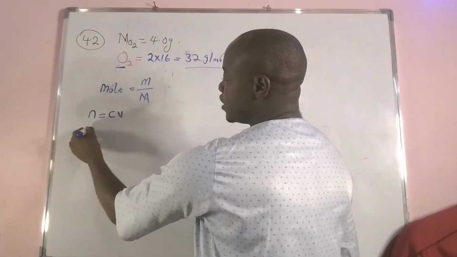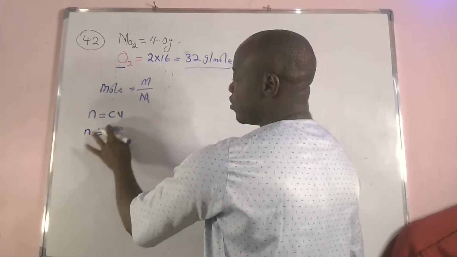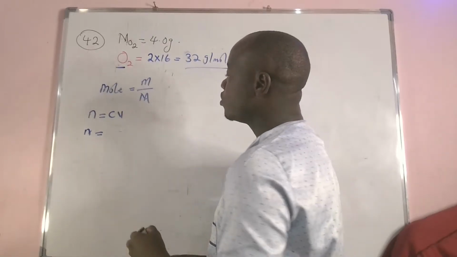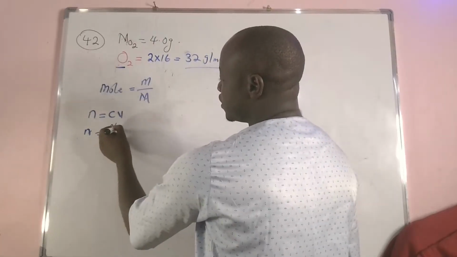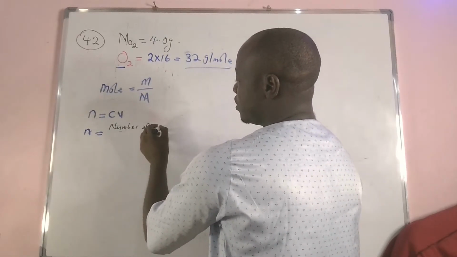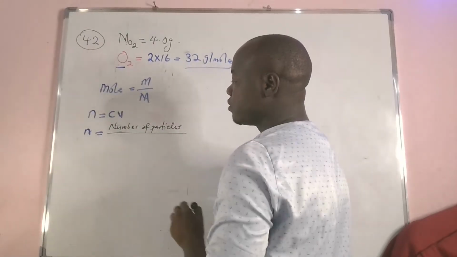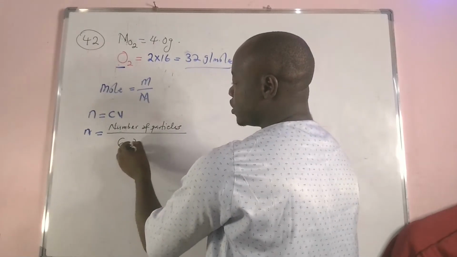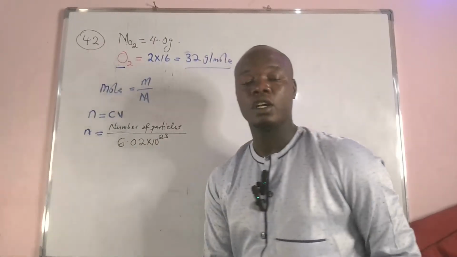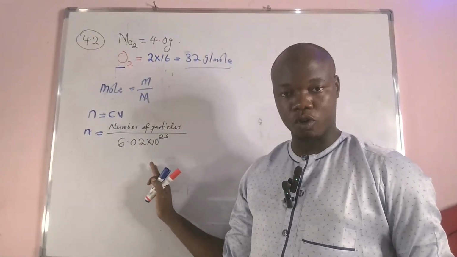There is also another formula that you can use in calculating mole. Mole n is equal to the number of particles divided by Avogadro's number, which is 6.02 times 10 raised to the power of 23.